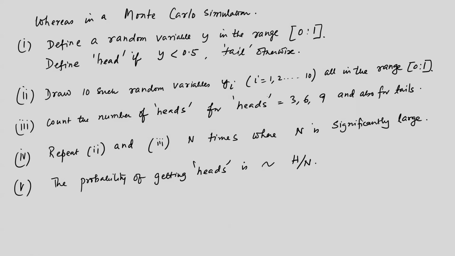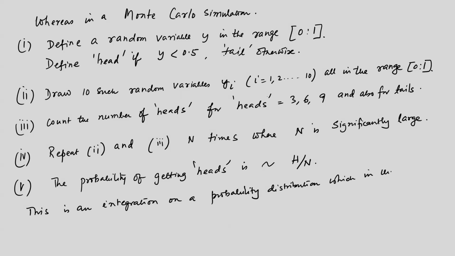Okay. So, this is an integration of probability, that is a summation that we have written down in the last slide, integration on a probability distribution, which in this case is discrete.